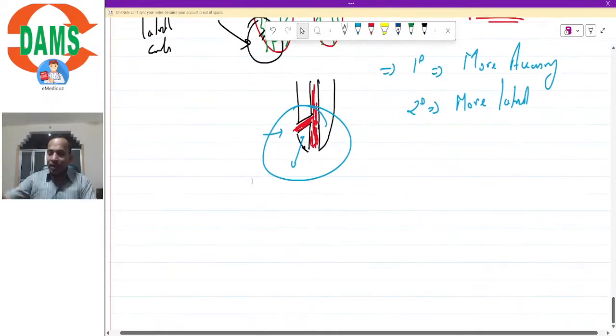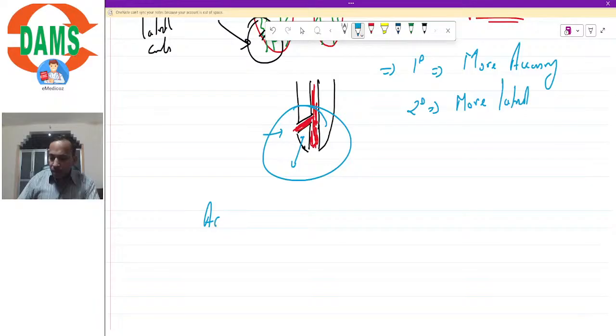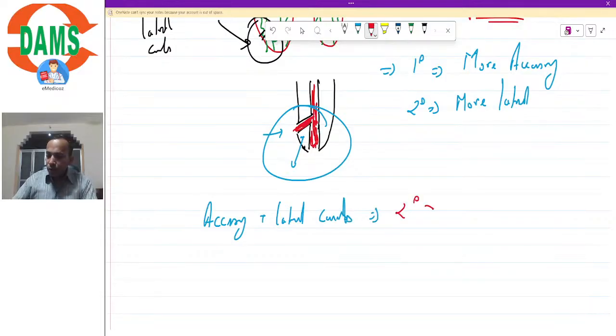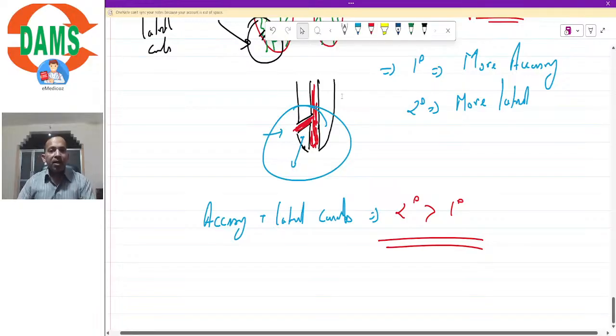So if we combine both, accessory plus lateral canals, then these are found more in permanent tooth as compared to the primary tooth. Clear? So the sum total of lateral plus accessory is more in permanent teeth as compared to primary dentition. But if you are asked simply about the accessory canals, they are more in primary dentition, right?